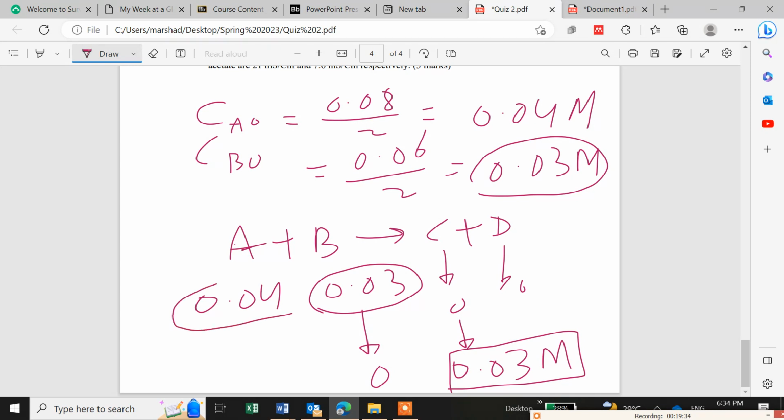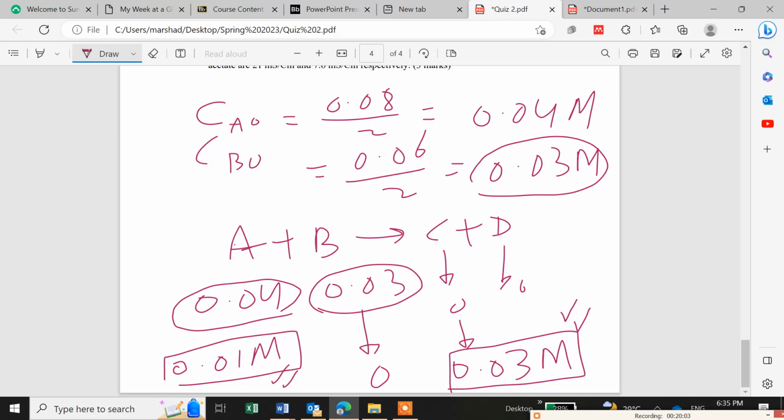Now we will have leftover NaOH. A. So 0.03 molar of this will also react. So we will have leftover 0.01 molar NaOH. So in this case, we need to find the conductivity of 0.03 molar sodium acetate and 0.01 molar sodium hydroxide.